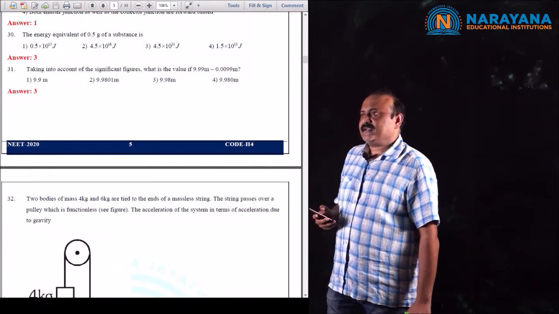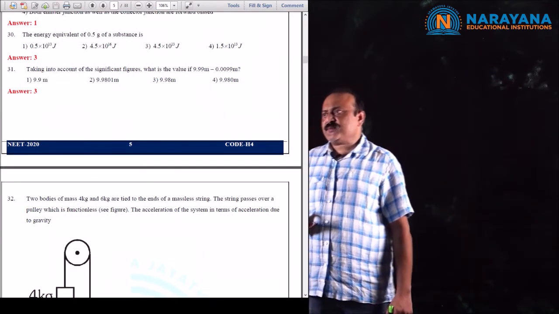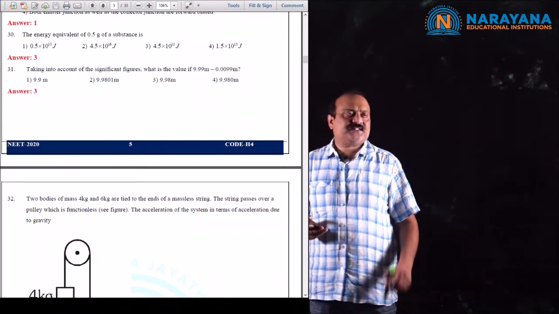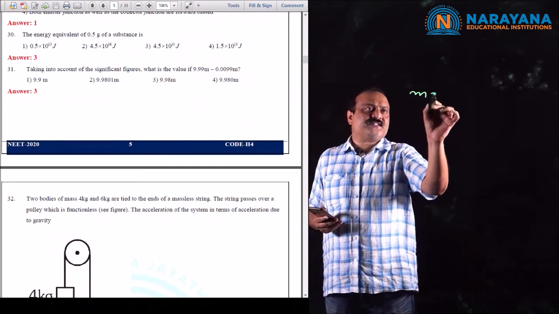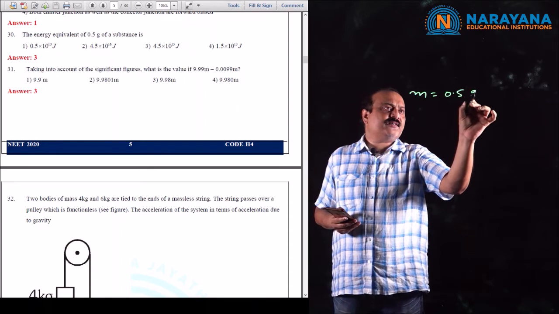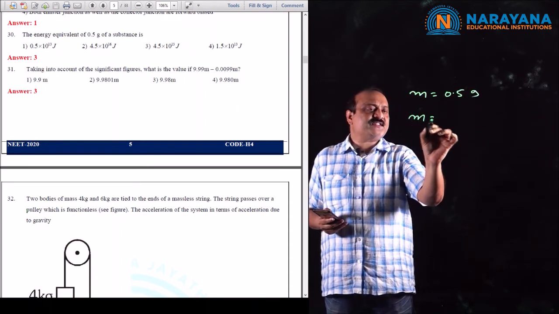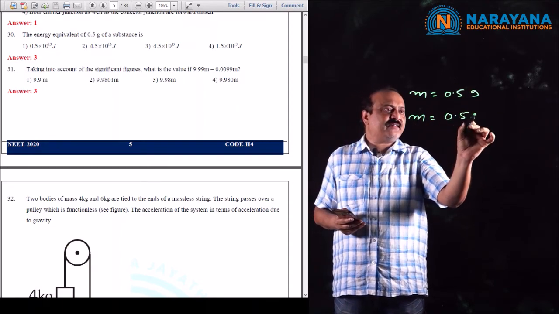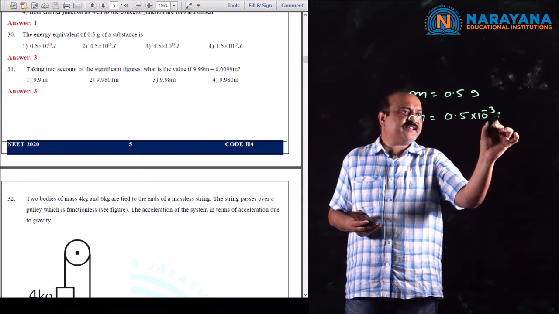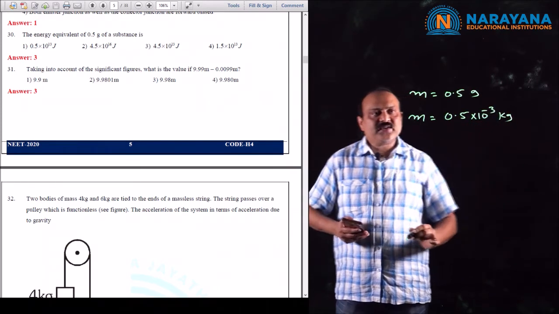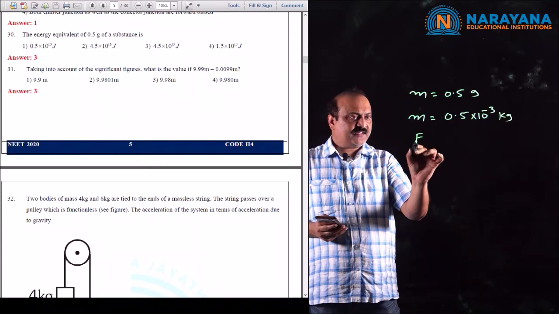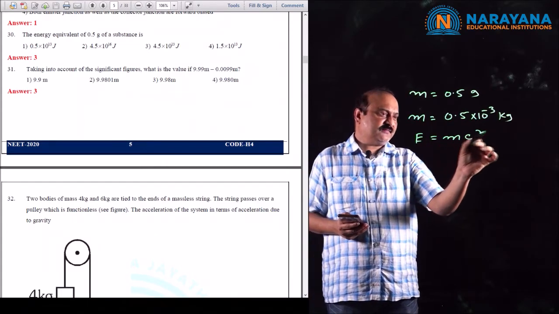Question number 30. The energy equivalent of 0.5 grams of a substance is, mass of the substance is given as 0.5 grams. That is m is equal to 0.5 into 10 to the power of minus 3 kg. According to Einstein's mass energy relation, E is equal to mc square.